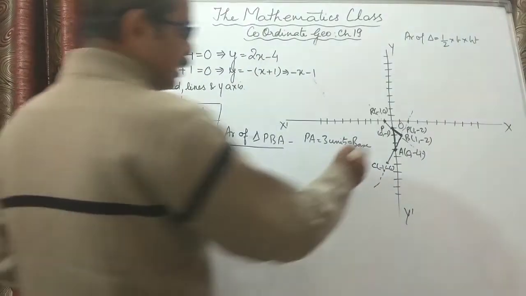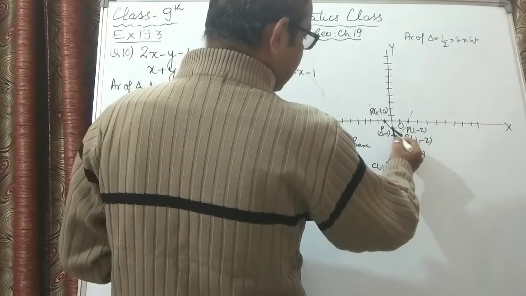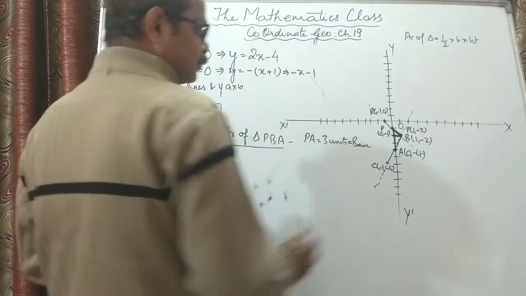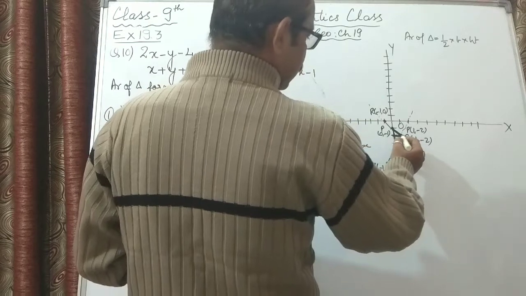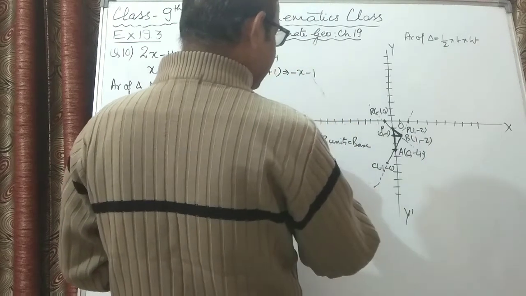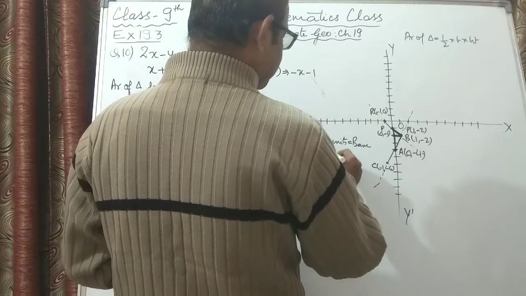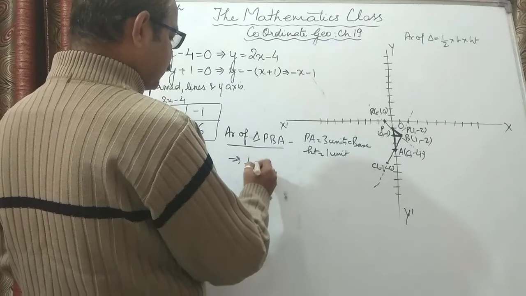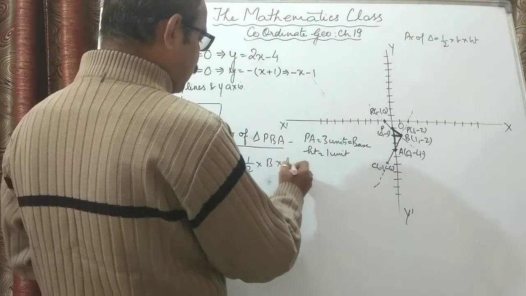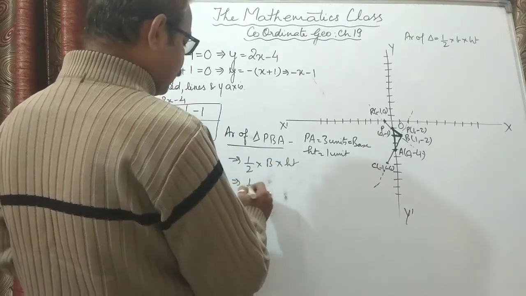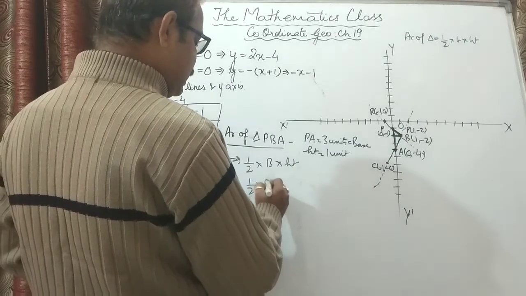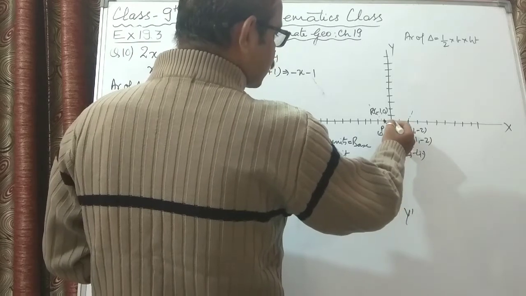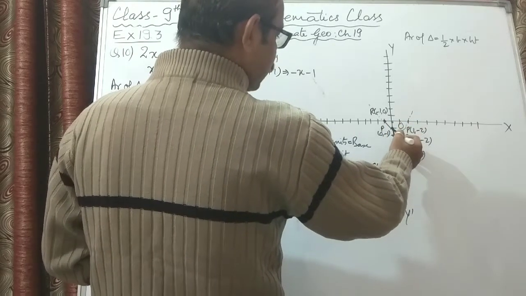And what is the height? This perpendicular is the height, and what is the value of x at this point? 1. So the height is 1 unit. So the area will be half into base into height. In this triangle, base is PA and height is OB, this is your O and B is (0, 1).